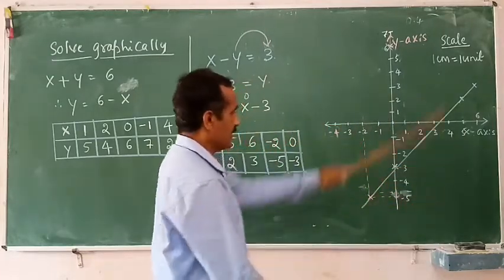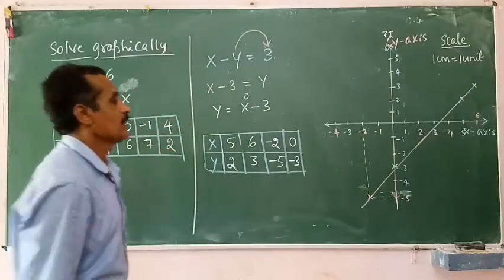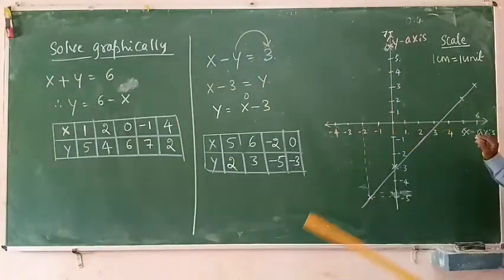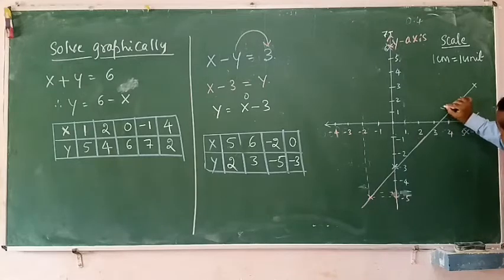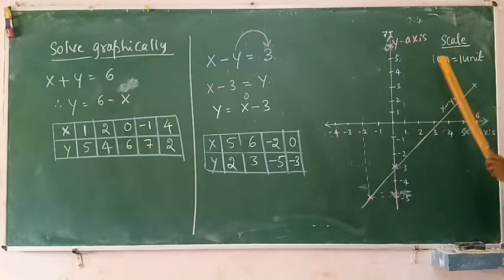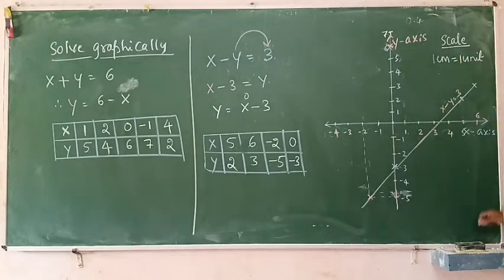Okay, so you are getting a straight line graph always, and you can write the equation: x minus y is equal to 3. Again, the units are the same. 1 centimeter is equal to 1 unit. Okay.